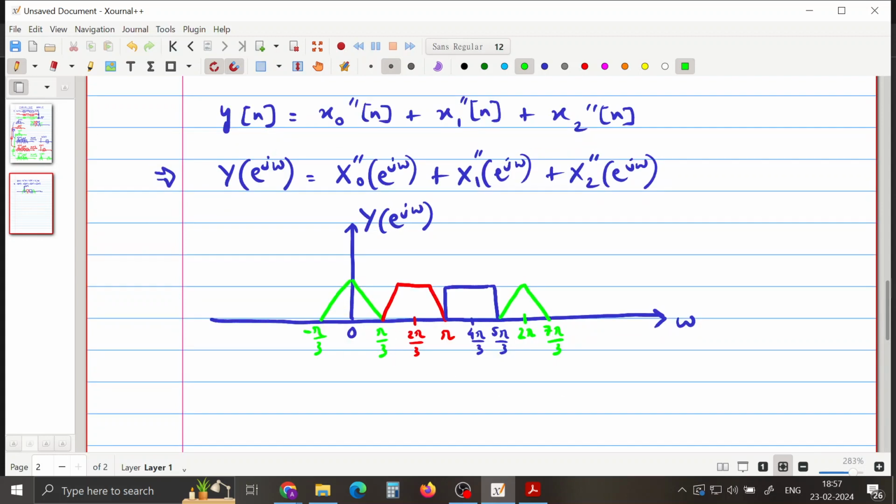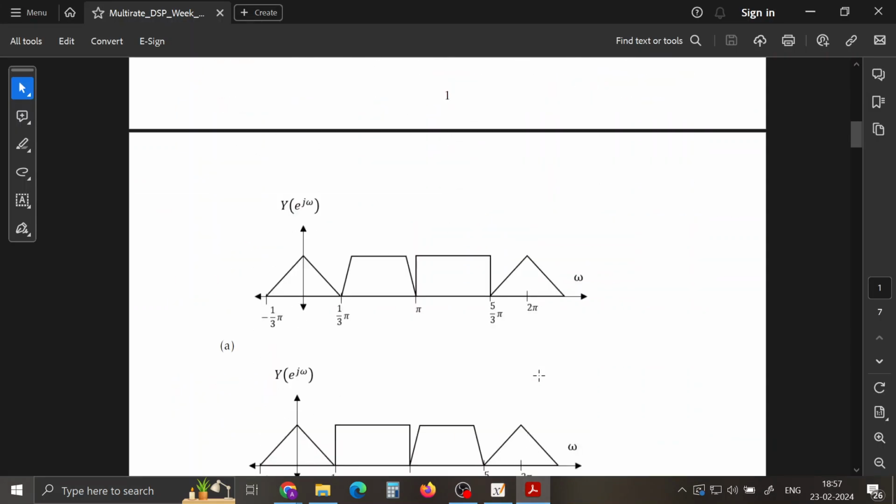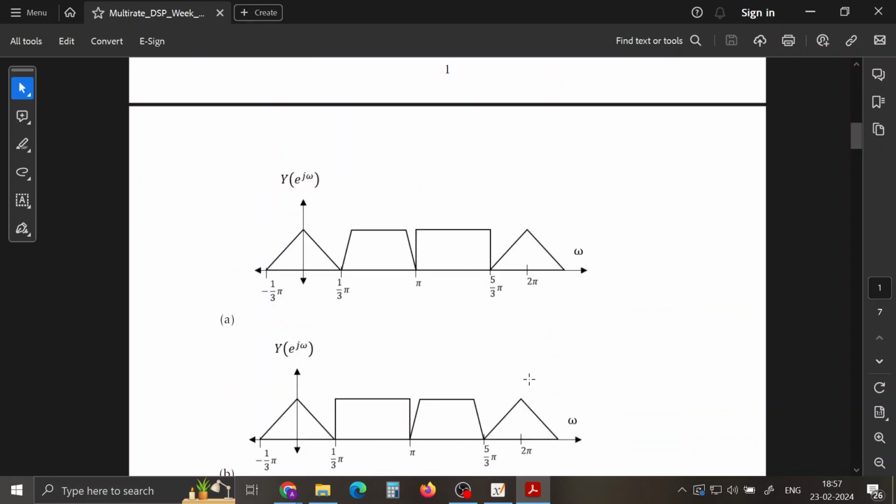Okay, and if you look at the options, see option A, it actually matches with option A. So triangular followed by the trapezoid followed by the rectangular, and then again the triangular, it repeats, and each of their bandwidth is 2 pi by 3.